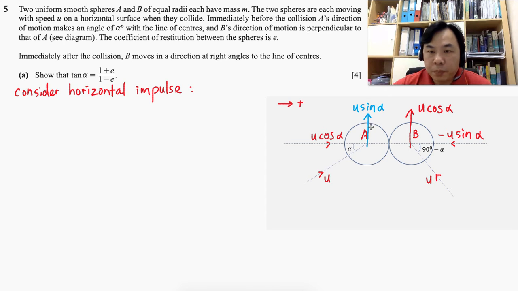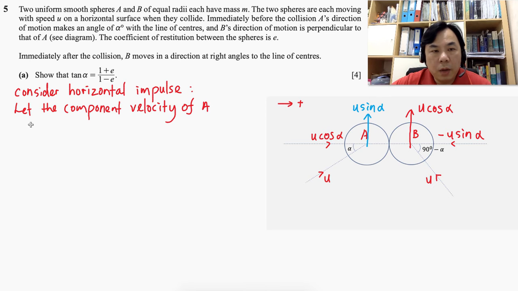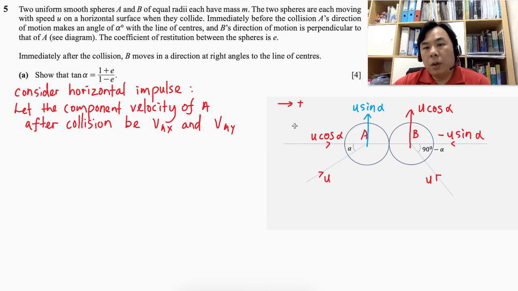Now let's assume that after the collision, there is a vertical component for sphere A. So let the velocity components of A after collision be v_Ax and v_Ay. The v_Ax is the horizontal component, v_Ay is the vertical component.